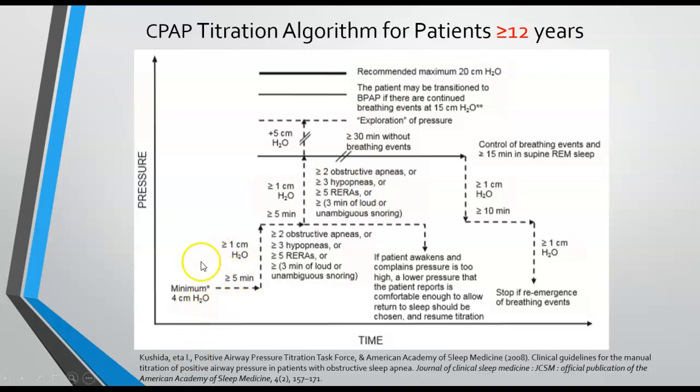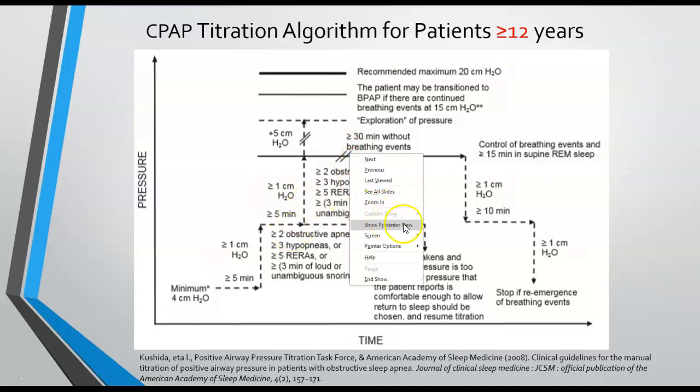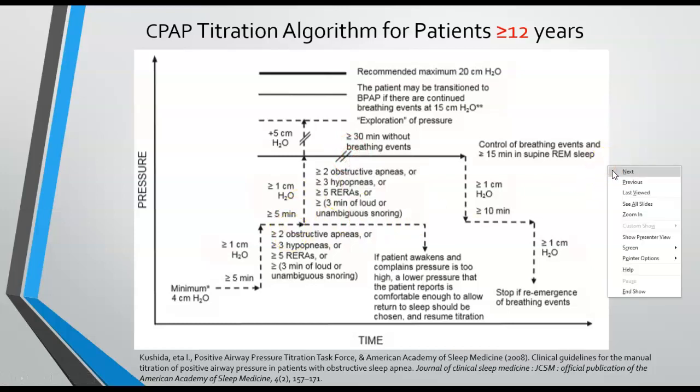So you start at a CPAP pressure of 4 or 5, and then you gradually increase it either by 1 centimeter or 2 centimeters. If you see any of these events, what are they? Events include 2 obstructive apneas or 3 hypopneas or 5 RERAs or 3 minutes of loud snoring.